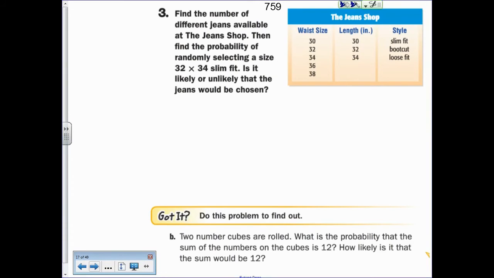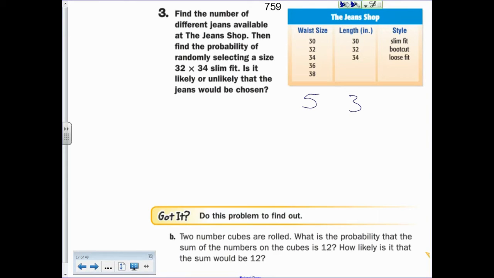Let's take a look at example 3. It says find the number of different jeans available at the jeans shop. Then find the probability of randomly selecting a size 32-34 slim fit. Is it likely or unlikely that the jeans would be chosen? So let's take a look. How many choices of waist size are there? There are 5 choices of waist size. The length has only 3 length sizes.